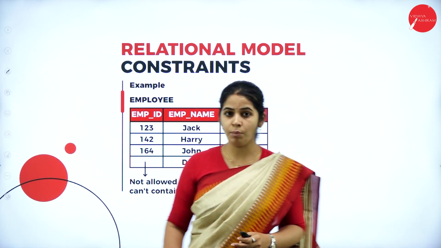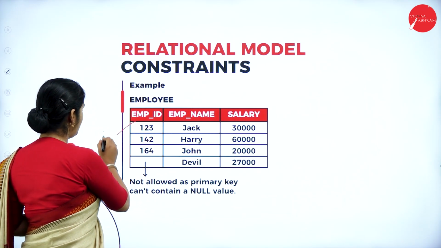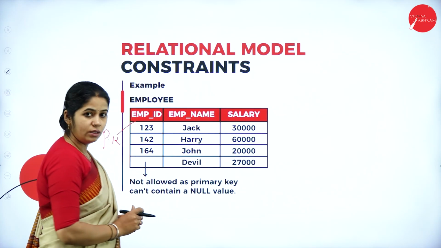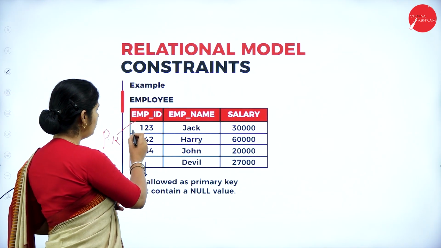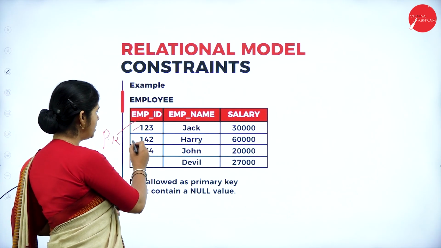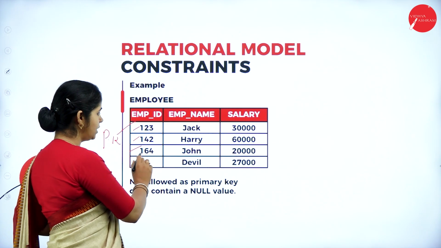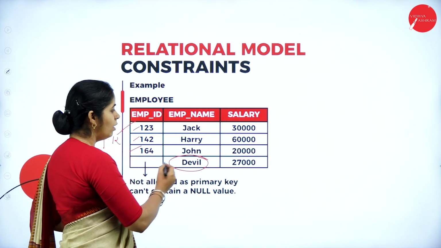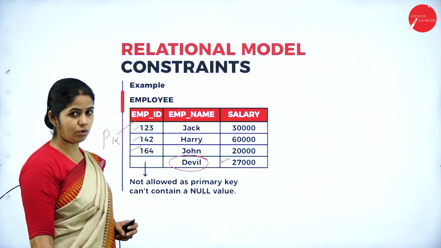Okay, see the example here. Here, employee ID is a primary key, right? All others are different, just a simple key. Here 1, 2, 3 are primary key values, distinct from 142, which is distinct from 164. Here we have an employee called Devil, who is earning a salary of 27,000 rupees.